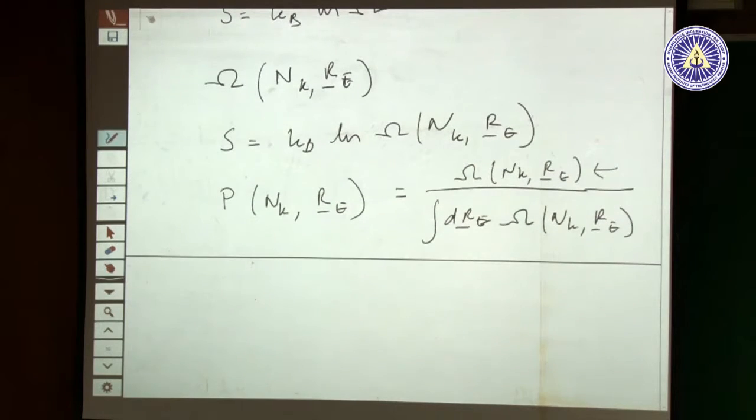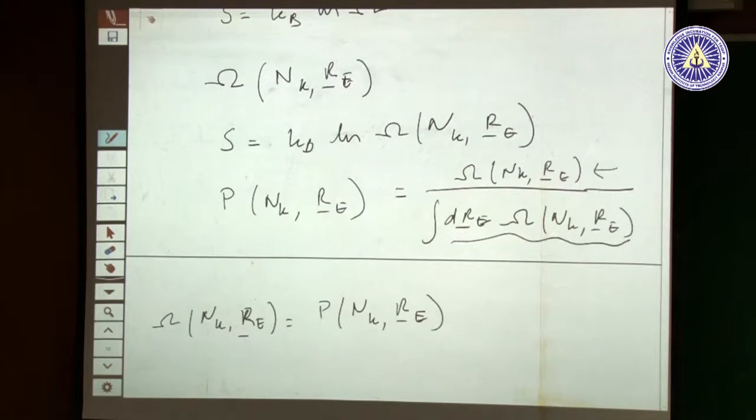So, now from here I can say that omega of nk comma Re would be the probability of nk comma Re times, let us use a simple notation for this integral, I will just call it z, like a partition function, but just for simplicity, because it will simplify the algebra.